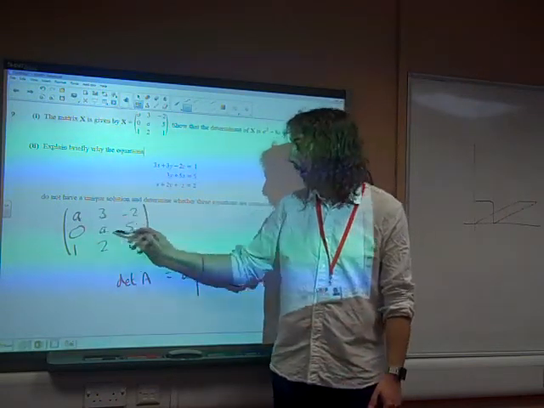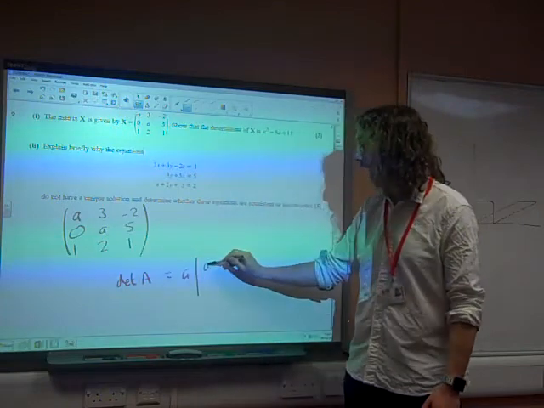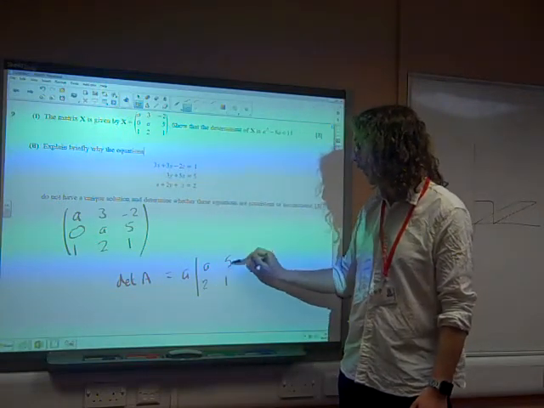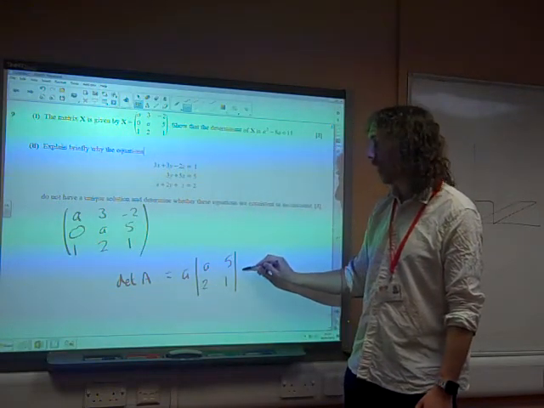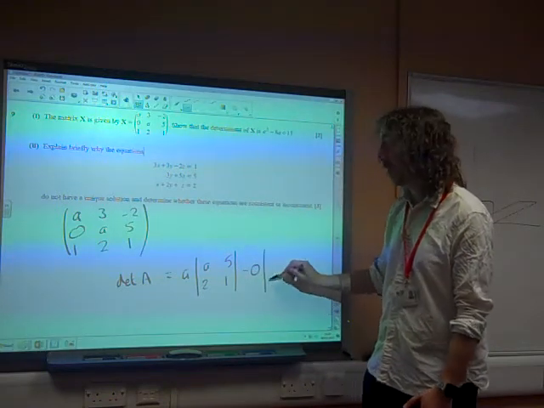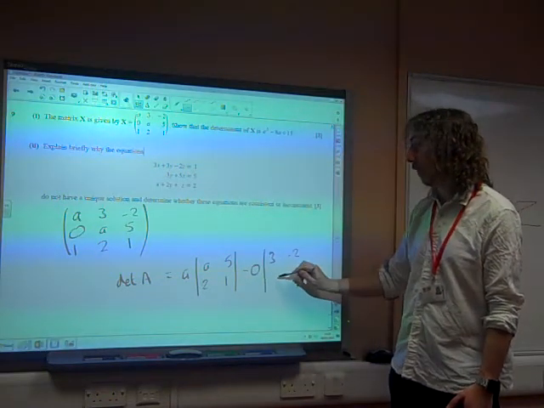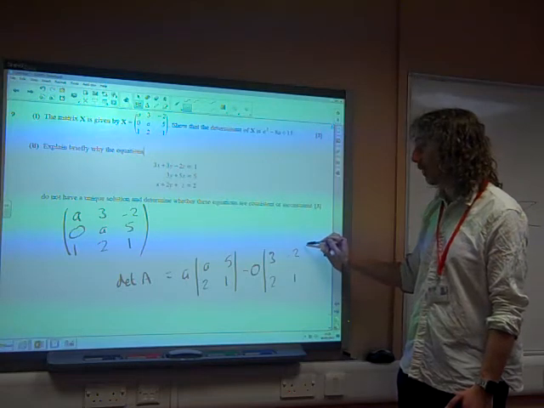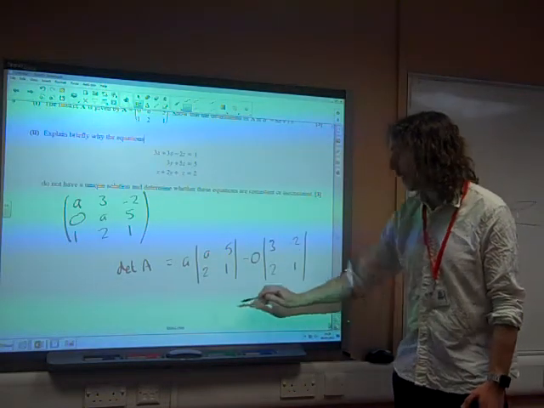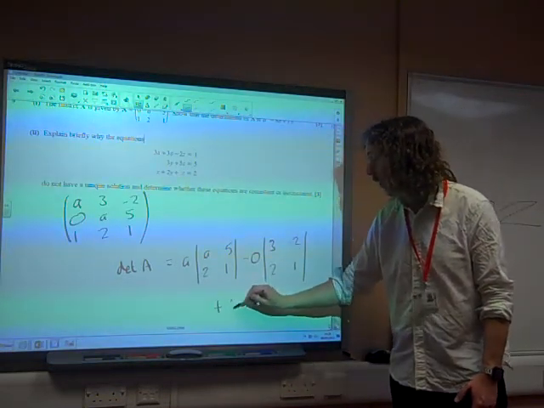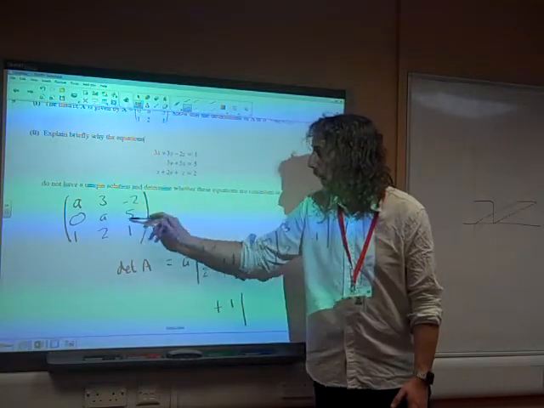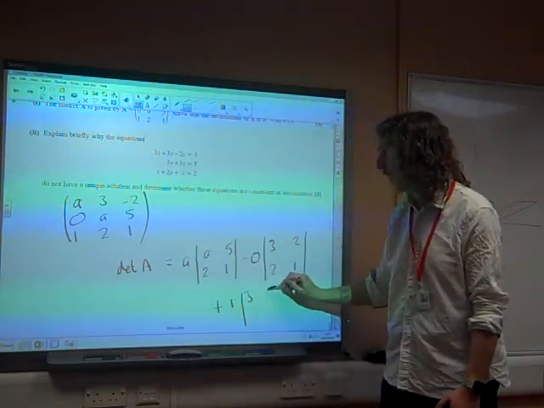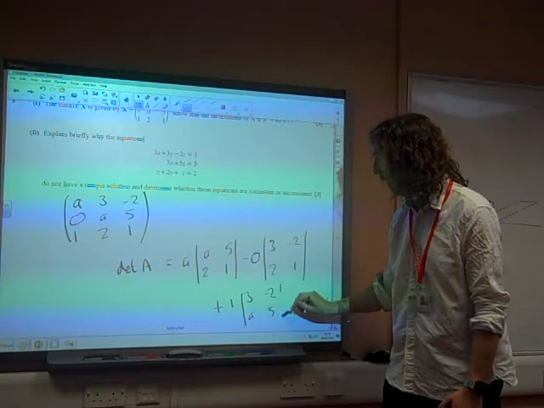A times that minor determinant, a, 5, 2, 1, minus 0 times 3 minus 2, 2, 1, even though I know that's pointless because that's going to be 0, plus 1 times that minor determinant, 3 minus 2, a, 5.